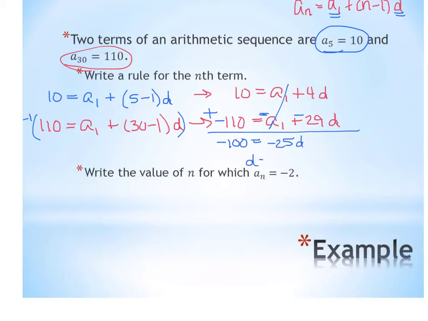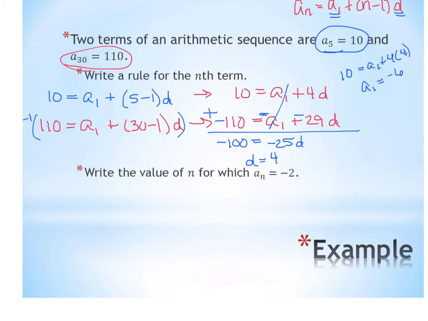Divided by negative 25, d has to equal 4. Then 10 equals a sub 1 plus 4 times 4, that's 16. Subtract the 16, and a sub 1 has to equal negative 6.